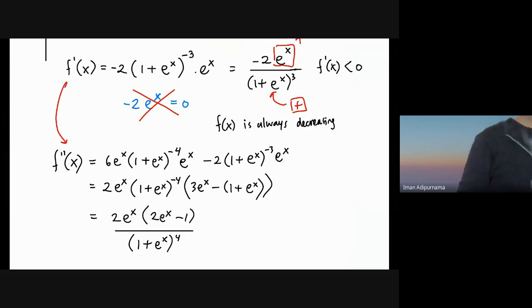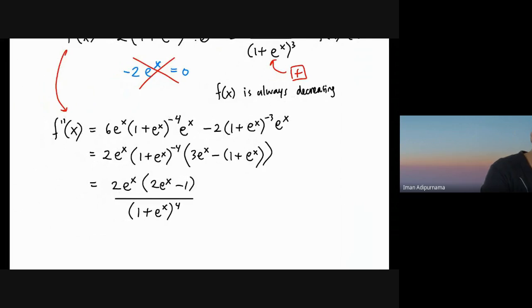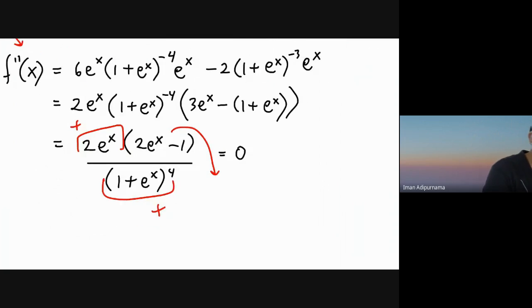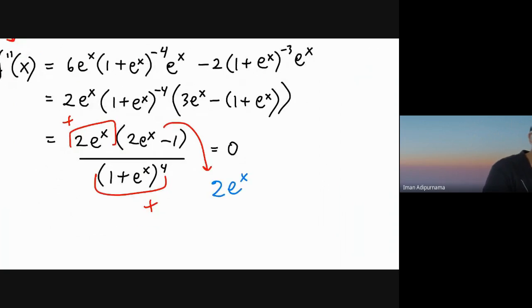Okay, yeah. Now we have the second derivative, and if we want to check when this equals 0, this part here is always positive, this part here is always positive. So the one we are going to check is the 2e with power of x minus 1. 2e to the x should equal 1.